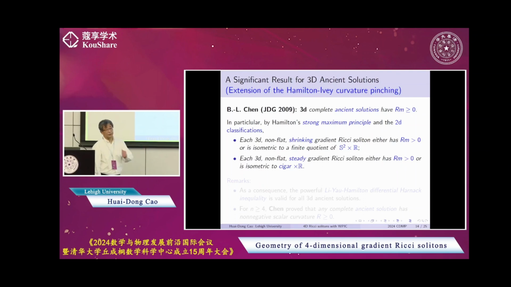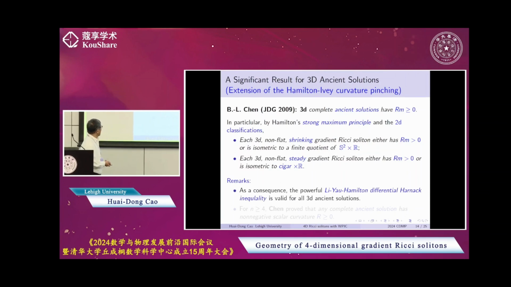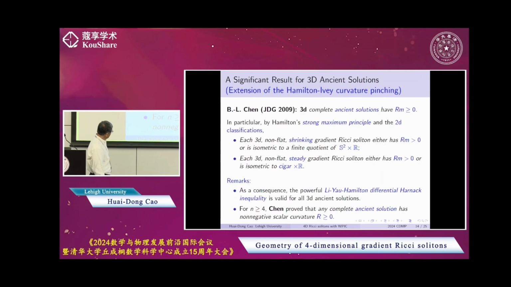Now, as a consequence, the Li-Yau-Hamilton differential Harnack would be valid for all 3-dimensional ancient solutions, and that's again the essential role. And in 4 dimensions, Binglong was able to prove that scalar curvature for ancient solutions in any dimension is non-negative. So scalar curvature is very helpful, but scalar curvature is relatively weak.